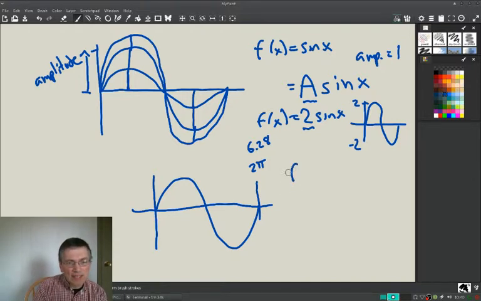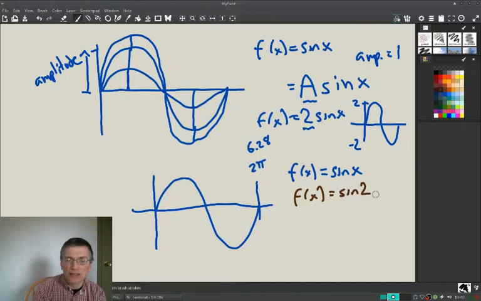Alright, so if that's f of x equals sine x, what is f of x equals sine of 2x? Alright, that means when x reaches pi, this will be the sine of 2 pi. So this changes how quickly it goes up and down.